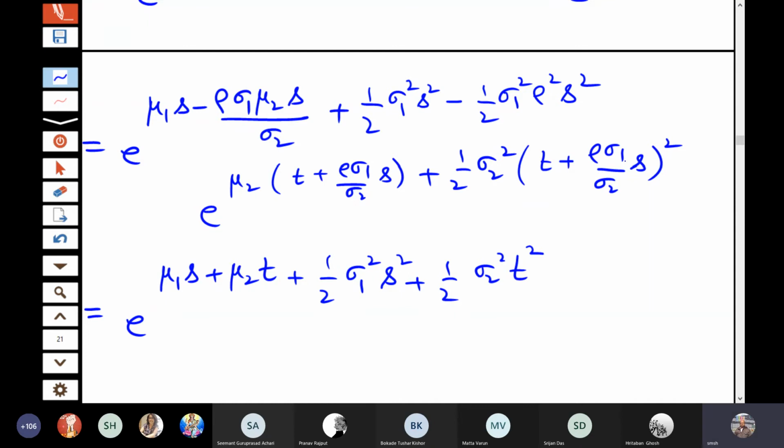Similarly, if I consider this term here, rho square sigma 1 square s square by half, this cancels out with this term here. And then we are left with one cross product term here. That cross product will give me rho sigma 1 sigma 2 s t. So this is the moment generating function of the bivariate normal distribution.